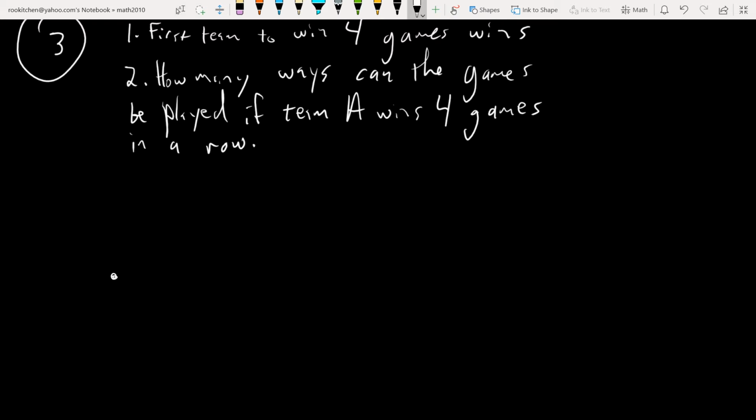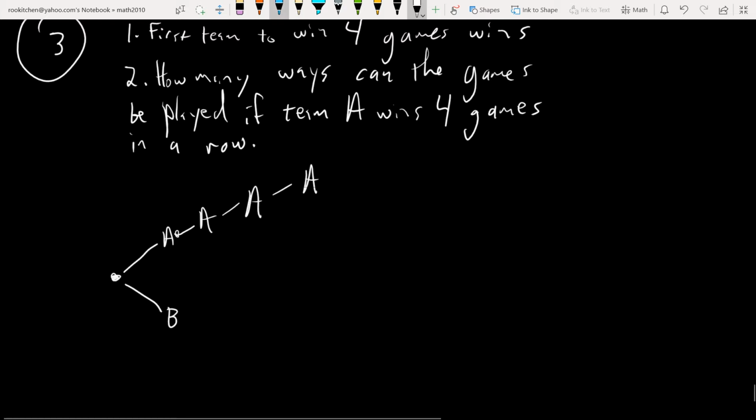So at the first game, there's 2 possibilities, either A wins or B wins, right? If A wins, then it's got to win the next 4 games in a row. So A. Okay. Because at this point you can't split over to B winning, because we're presuming that Team A is going to win with 4 games in a row.